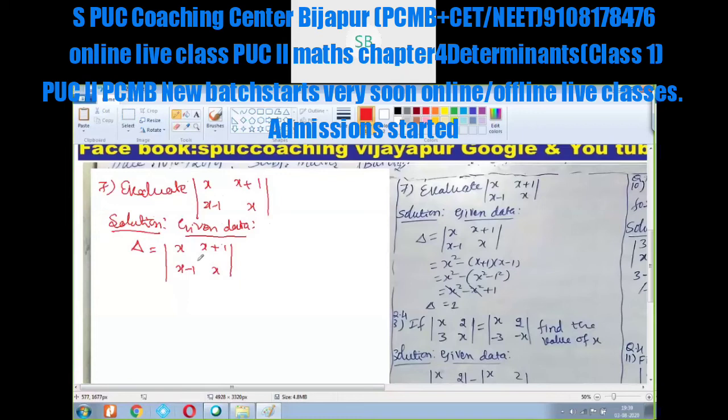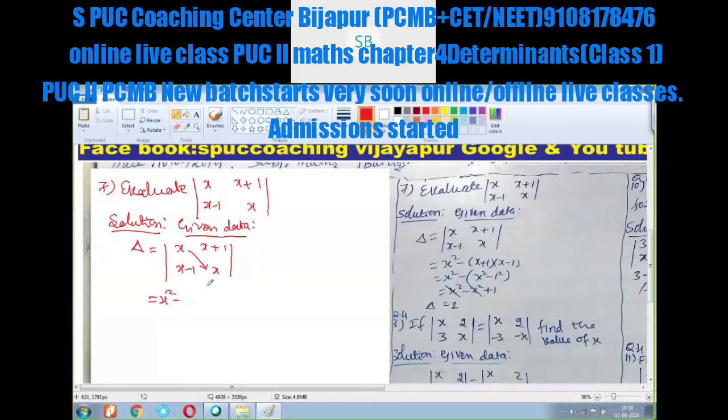Clearly and properly you can do the multiplication, that is x into x. I can write here as x square. Okay, that is x square. Next, minus of, that is similar to a minus b, a plus b.